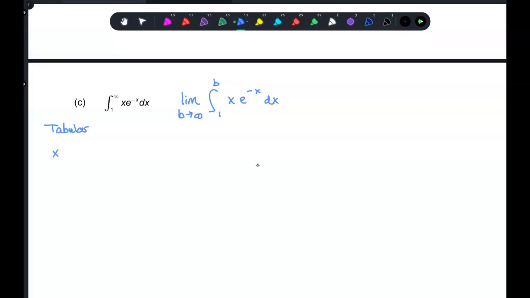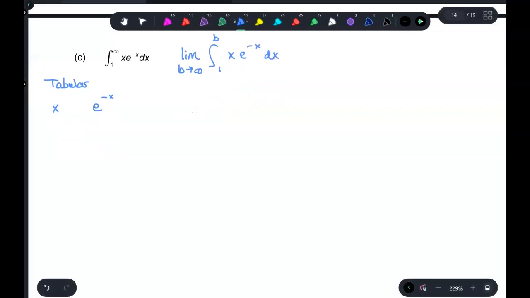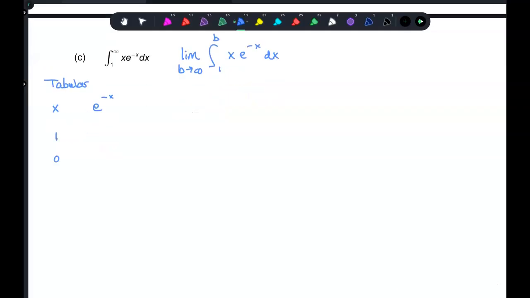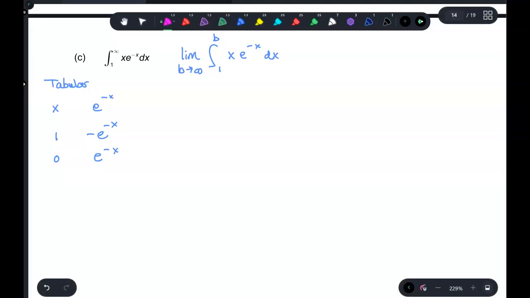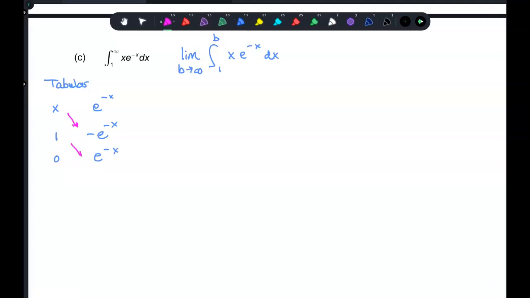I'll have the derivatives on the left side, the integrals on the right. So that's going to be 1, 0. Negative e to the negative x, e to the negative x, and alternate plus minus. I know it's been a while since we did this.